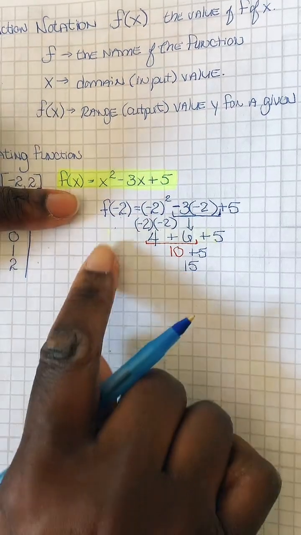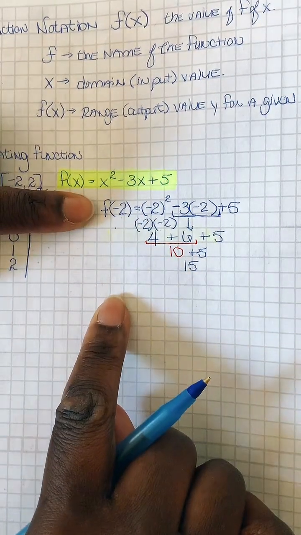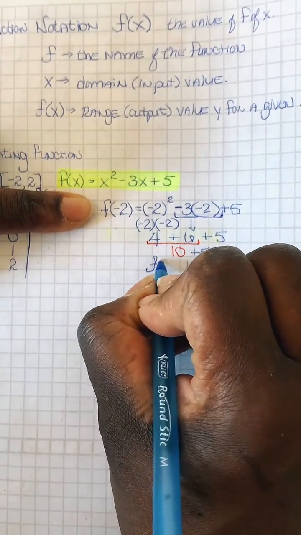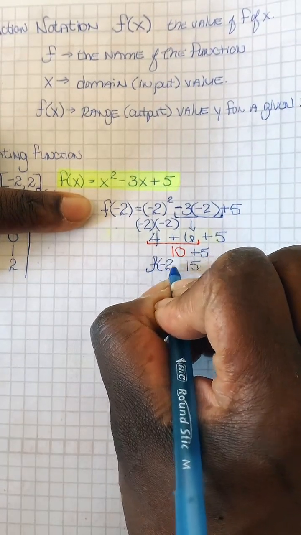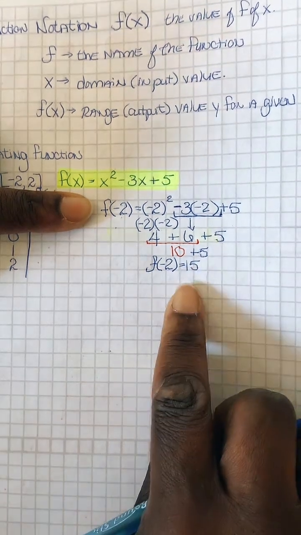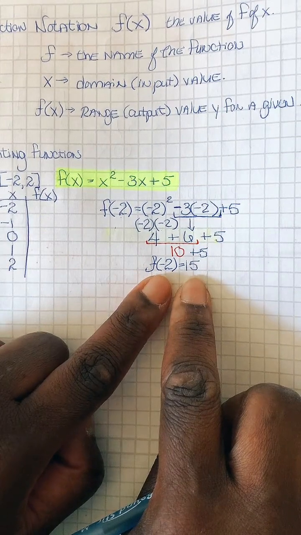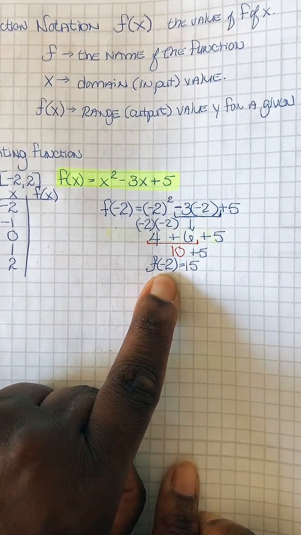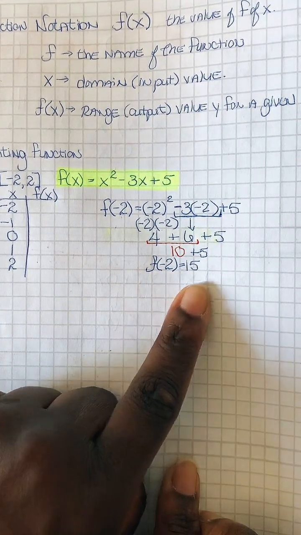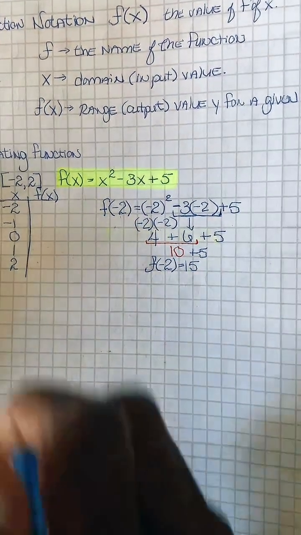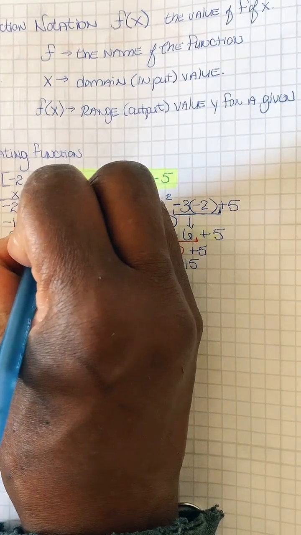So this is when I bring that f of -2 back down, because the f of -2 equals 15. What this is saying is, when my x value is -2, my y value, or my output, is going to be 15.